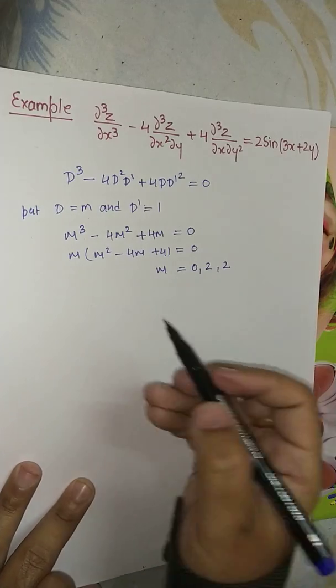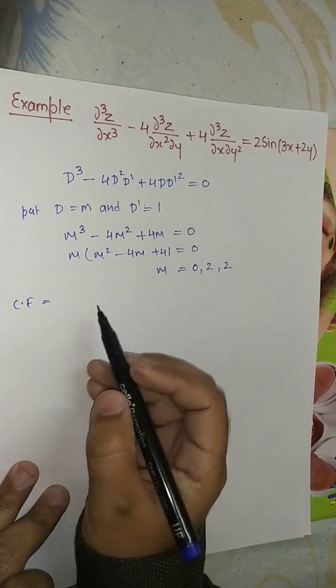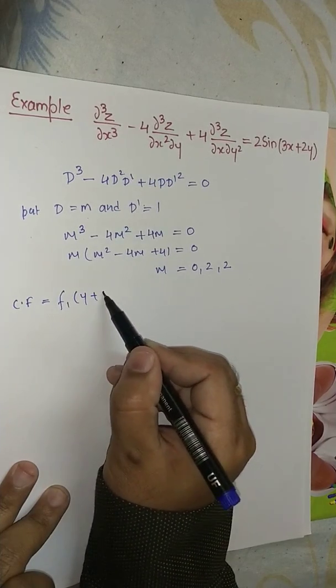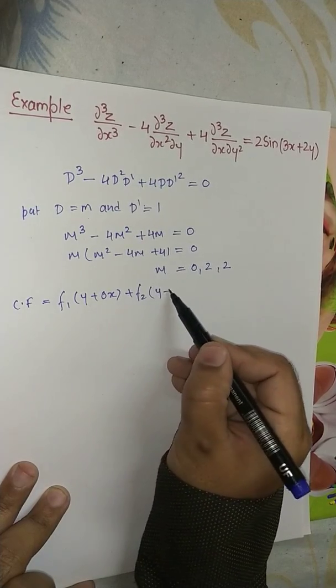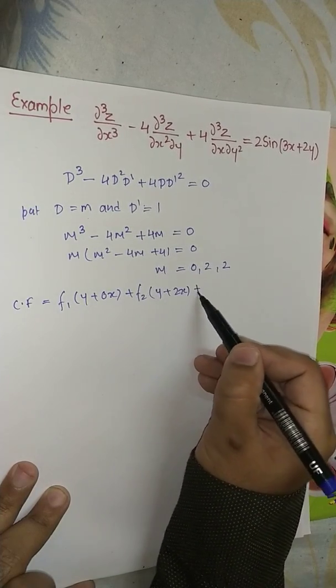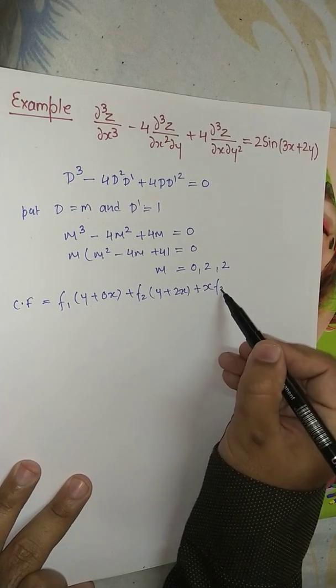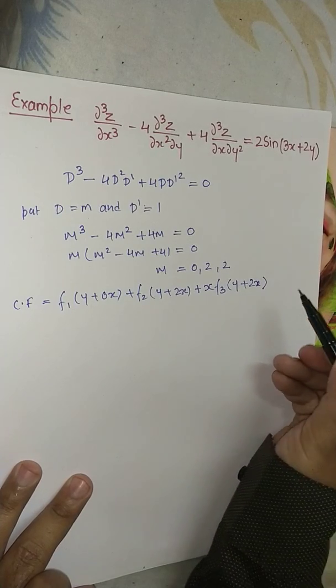So now the complementary function CF will be given by f1 of y plus 0x plus f2 of y plus 2x plus, now these two roots are equal, so this is x f3 of y plus 2x. So this is the complementary function.